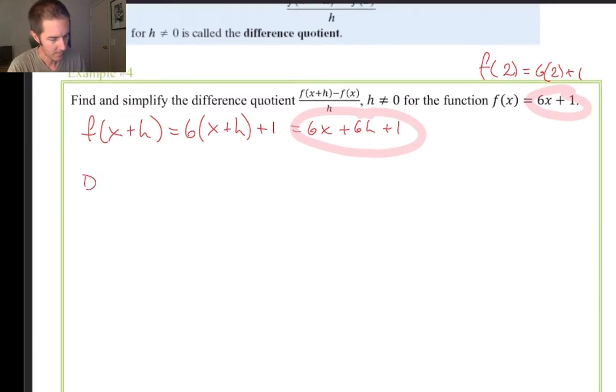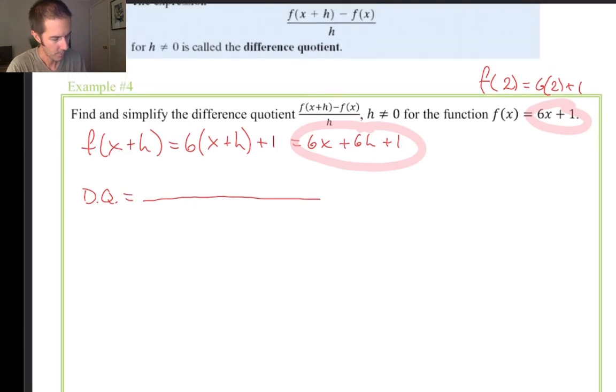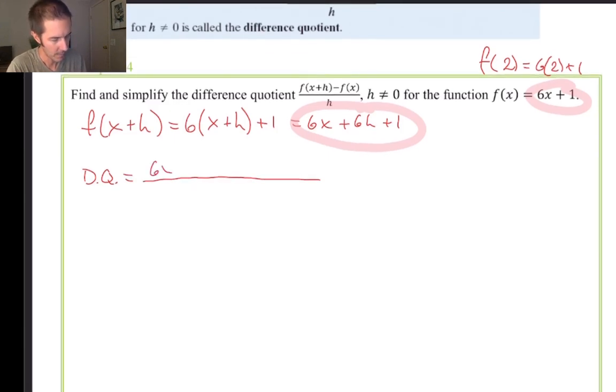So our difference quotient equals f of x plus h first goes into the numerator, let me put my division line here, and that is the 6x plus 6h plus 1.